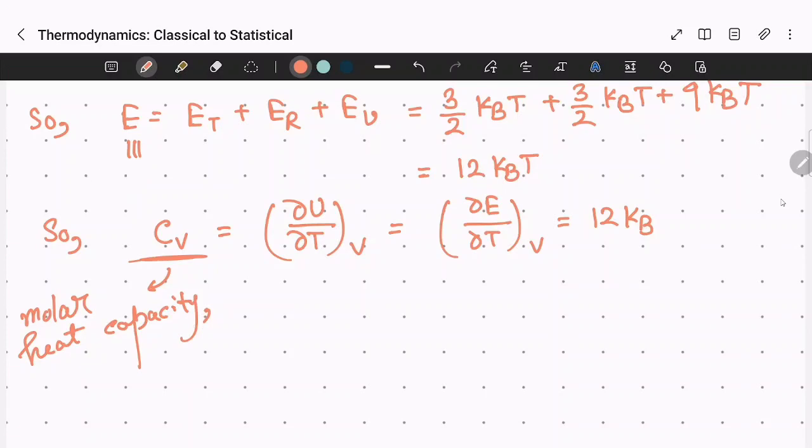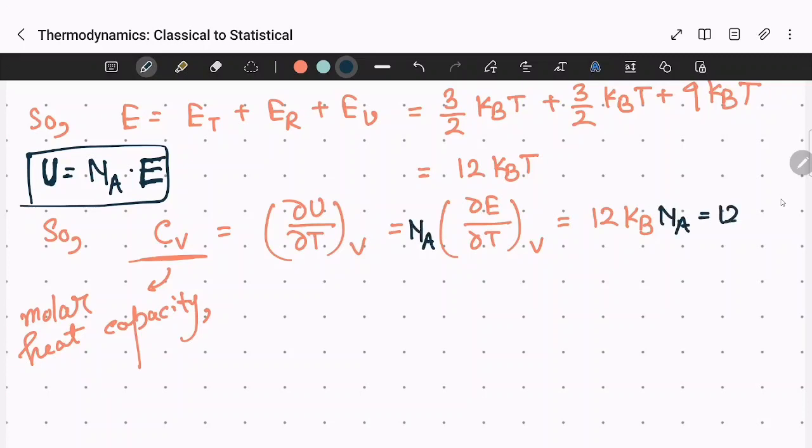U, the internal energy, is equal to NA into E. E is the energy of one molecule and U is the energy of one mole of molecules, so we have to multiply it with NA.